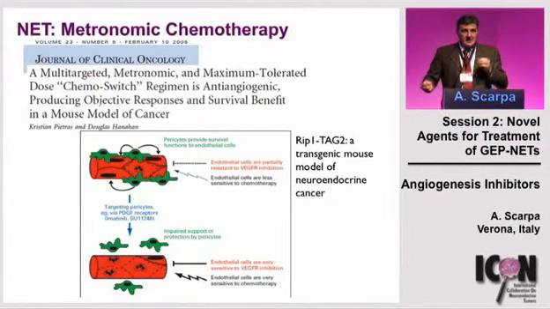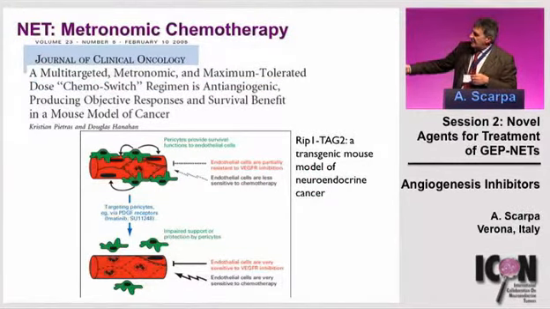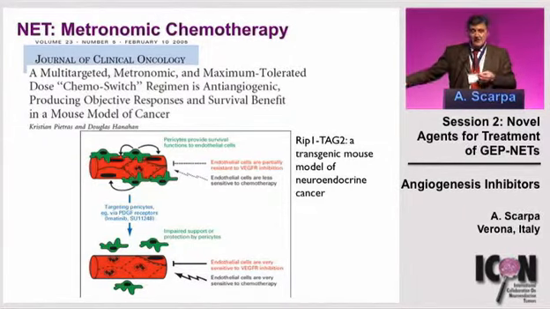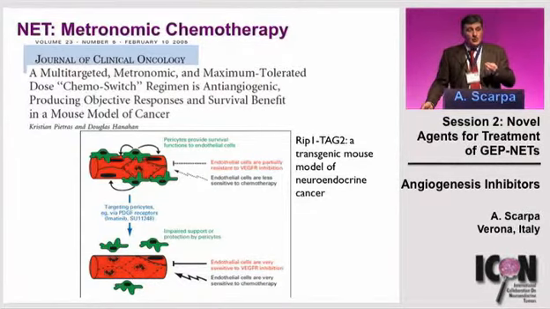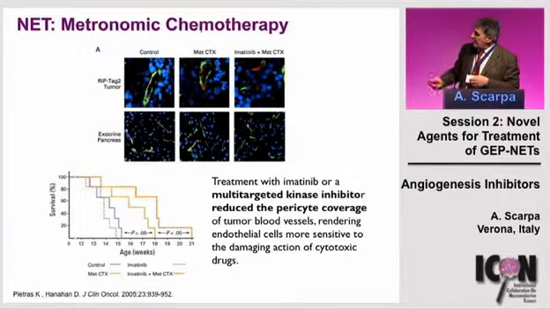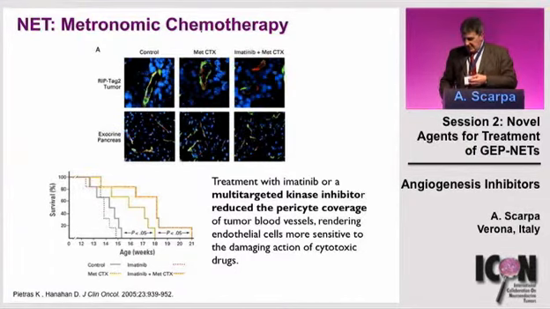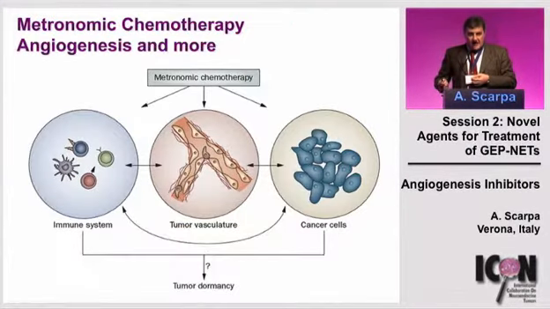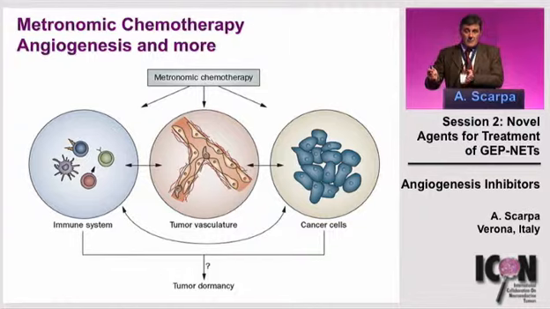What happens is that this allows you to hit the pericytes that detach from the capillary vessels, and they become more prone to be hit by the chemotherapeutic agent. This is shown here, where the green are the pericytes, which are really reduced over time. You have a reduced pericyte coverage, and so the endothelial cells become more sensitive.